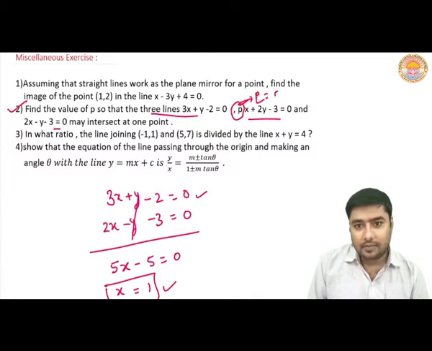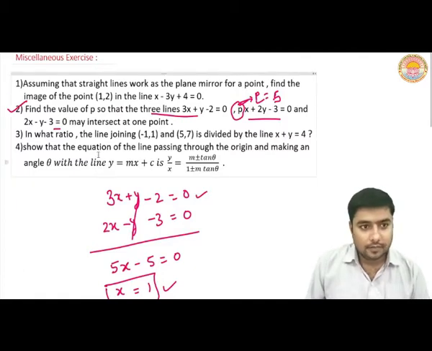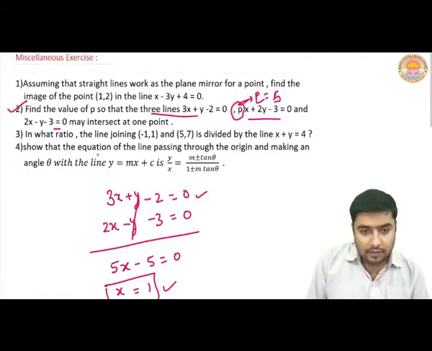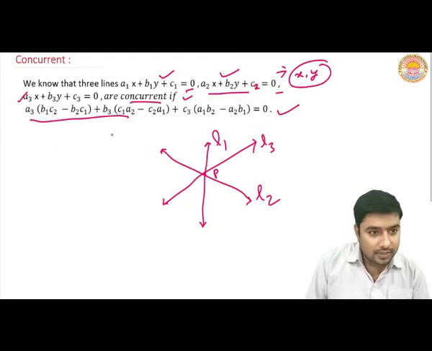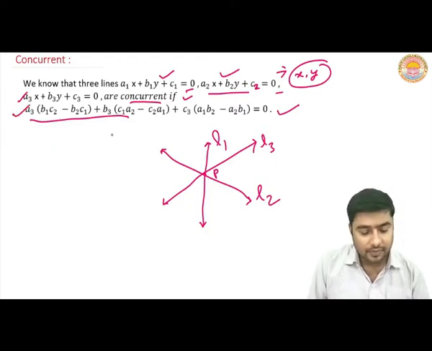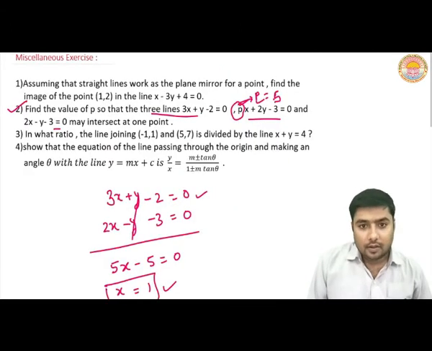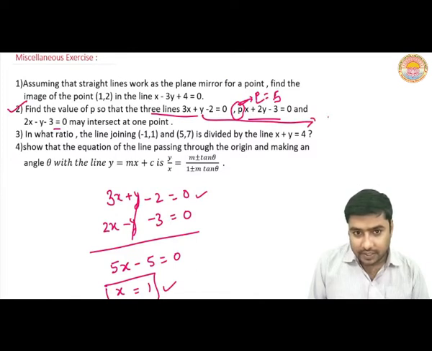We can also solve this using the property, with the formula. What are the values of a1, a2, b1, b2 and c3? We can compare with the equation a1x plus b1y plus c1 equals 0.